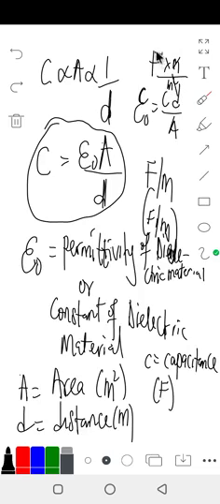Meter cancels one meter, then we have farad per meter. The unit of permittivity is farad per meter.